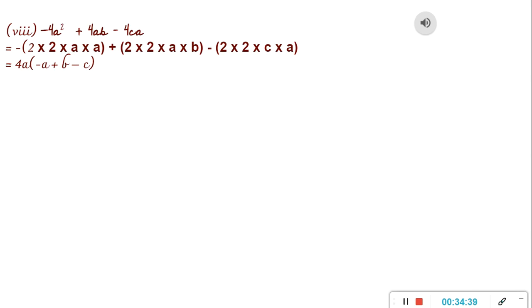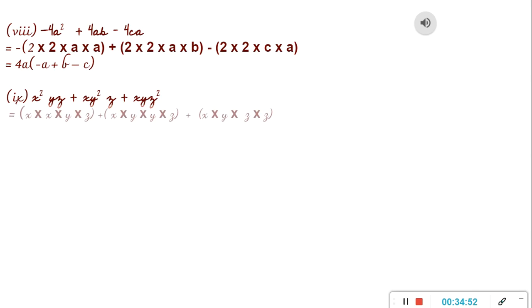Right? Now the ninth one. x square yz plus xy square z plus xyz square. So x square yz can be written as x into x into y into z, plus xy square z can be written as x into y into y into z, plus xyz square can be written as x into y into z into z.